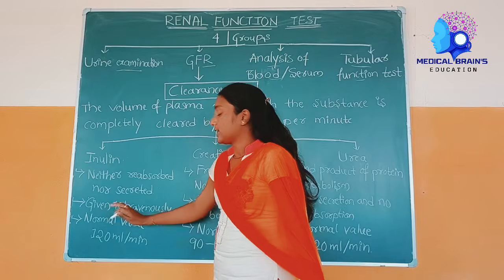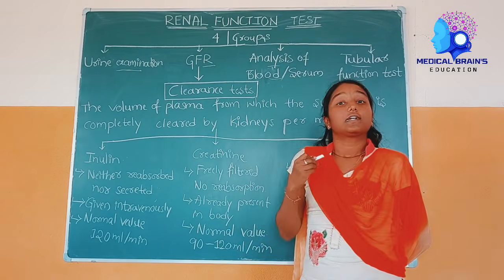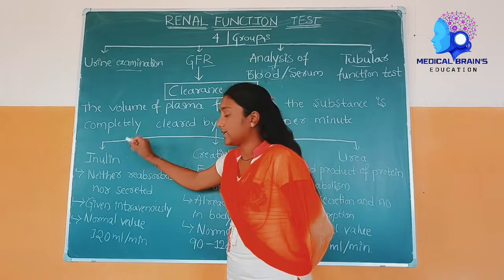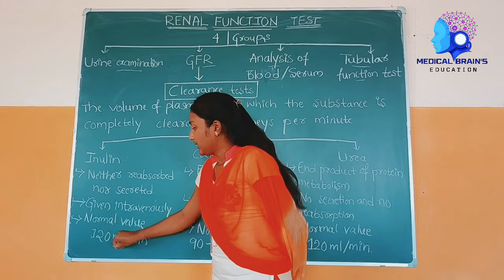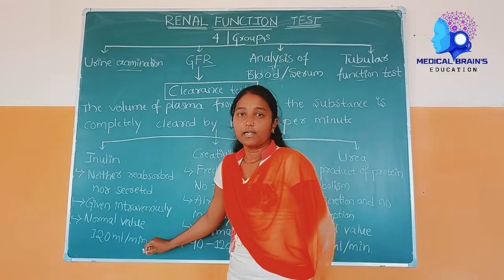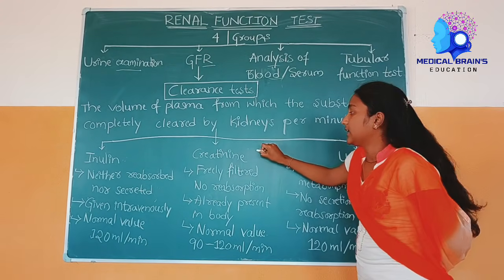Next, it is given intravenously. This is one of the disadvantages of inulin, and the normal value of inulin is 120 ml per minute. The second one is creatinine.